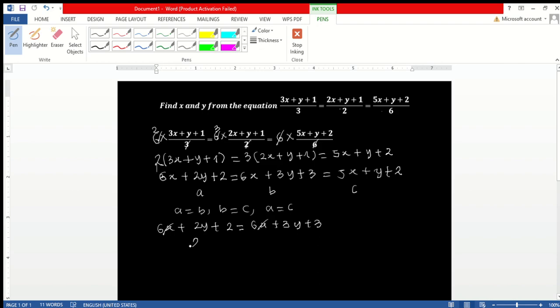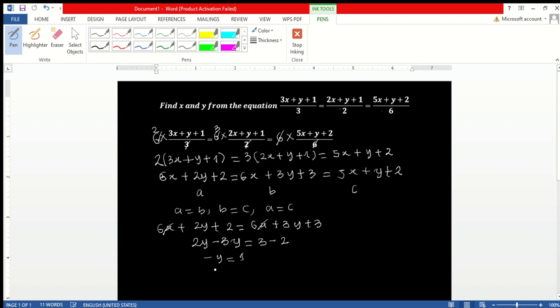What we have here is 2y minus, this is plus 3y, as it comes to the left hand side becomes minus 3y. So here we have 3. As 2 moves to the right hand side, it becomes negative, minus 2. So 2y minus 3y gives us just minus y, is equal to 3 minus 2 which is 1.